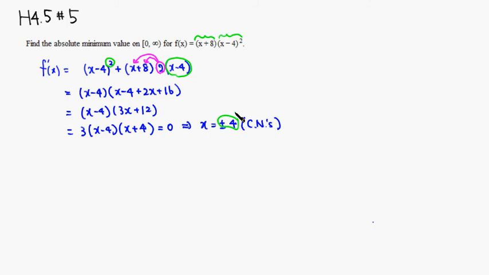Then I'm going to take another derivative, so this is really a second derivative. 3 is a constant. Then this is another product rule, or we can multiply it together and use the power rule to take the derivative.